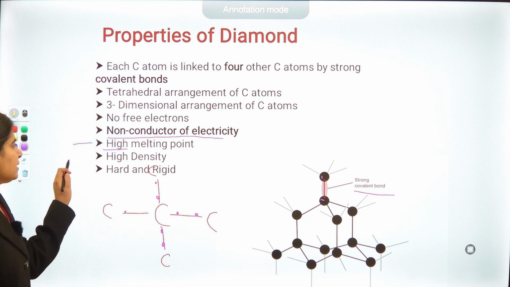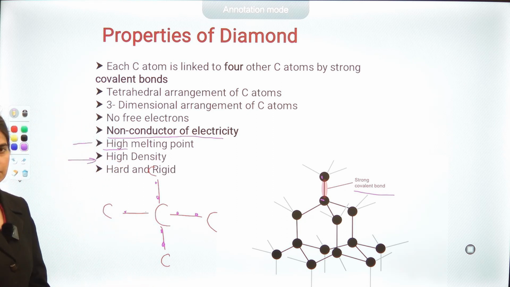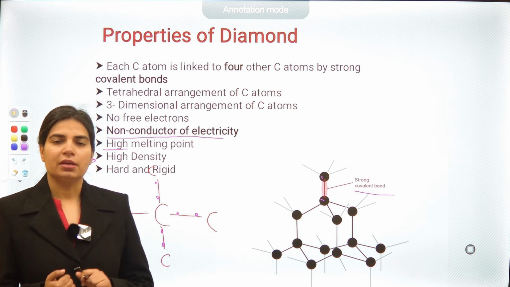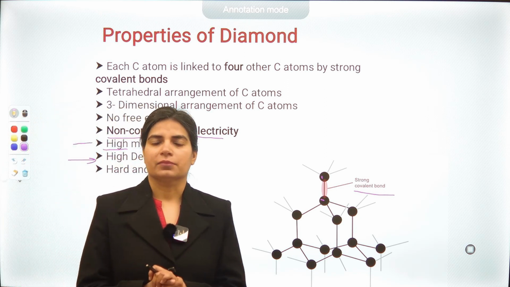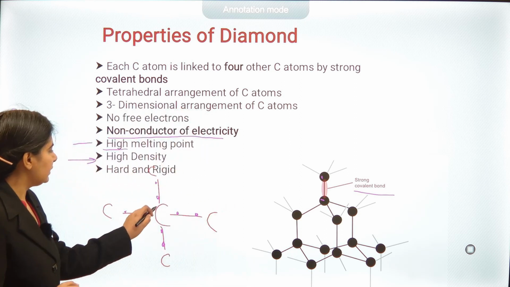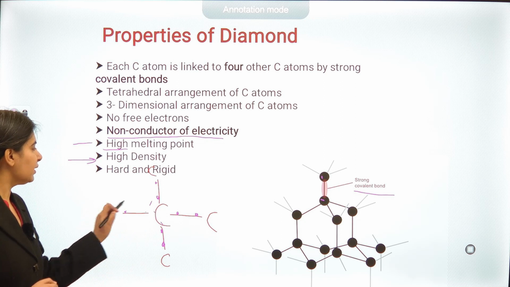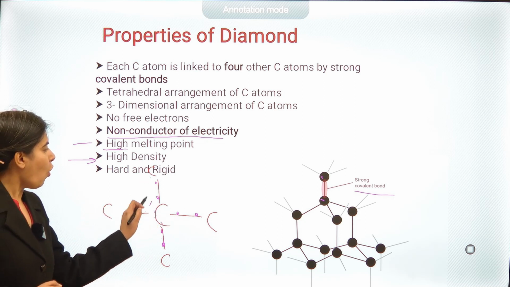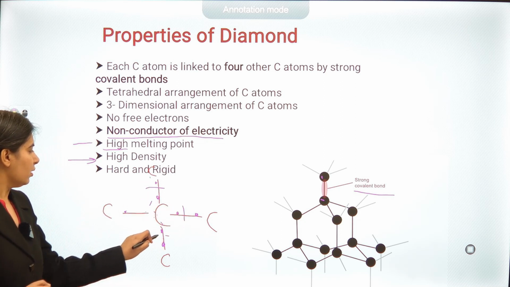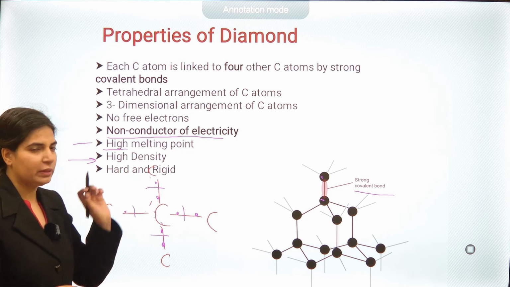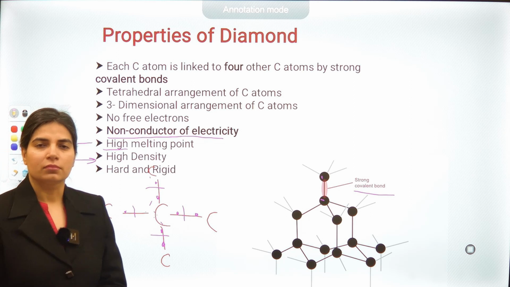The next point is high density. In case of diamond, the density is high. How the density is high? We have just talked that each carbon atom is linked to another carbon atoms. All the 4 bonds are used to make bond with the another carbon atom.